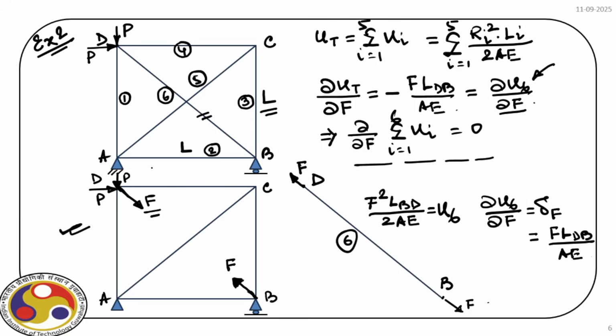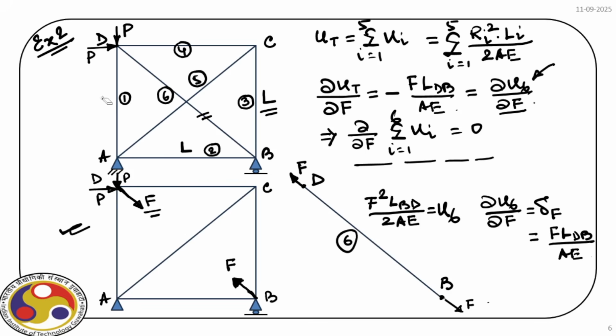Right? And that satisfies the condition at the end B and D, because we have the member here and the displacement in the member DB will be exactly same what we have here the moment we differentiate the strain energy stored in this determinate structure with respect to F.